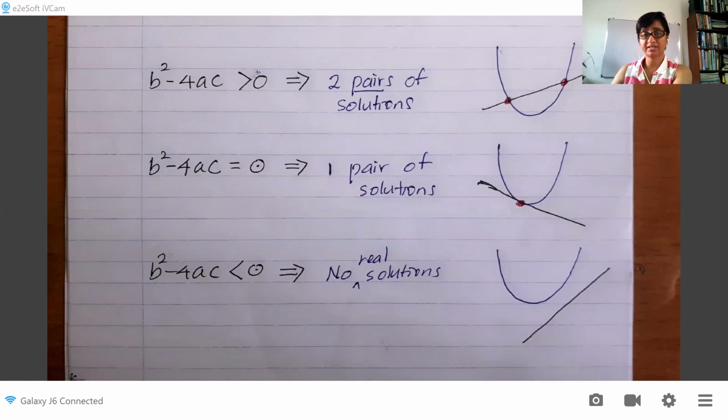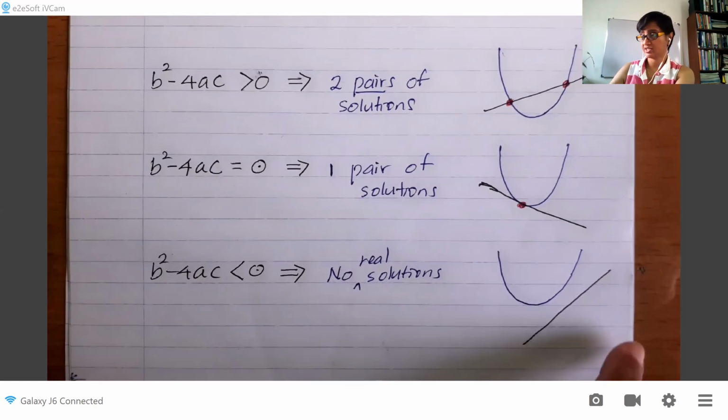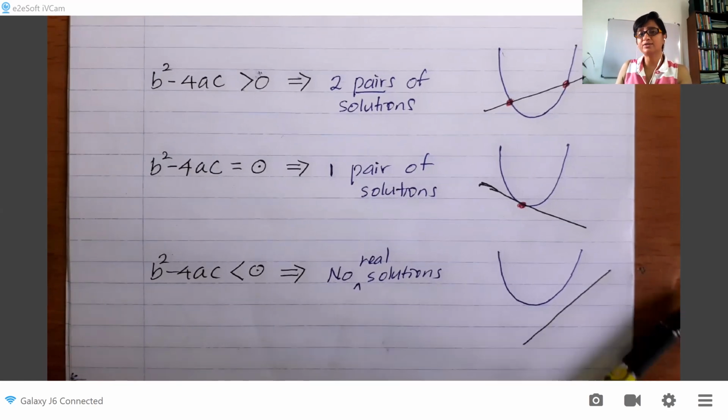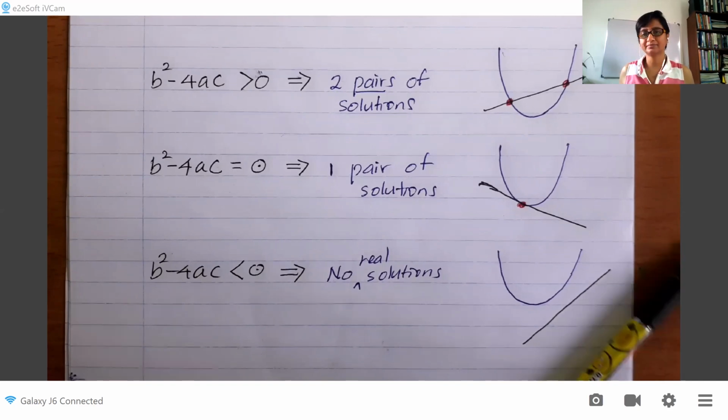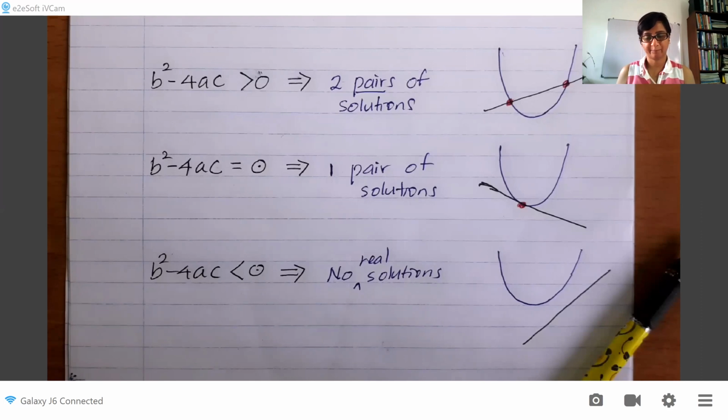So your pair of simultaneous equations will not have any solutions because there are no values that x and y can take to fit both of them. That can happen, right? Okay. Is this clear?